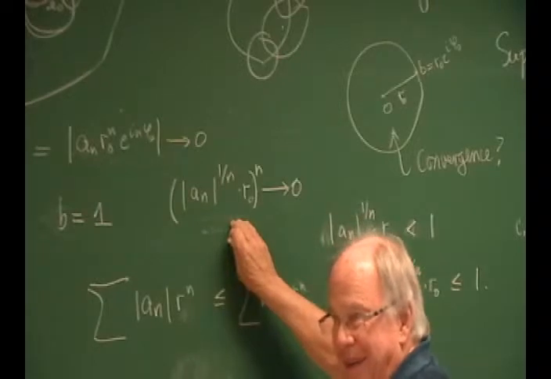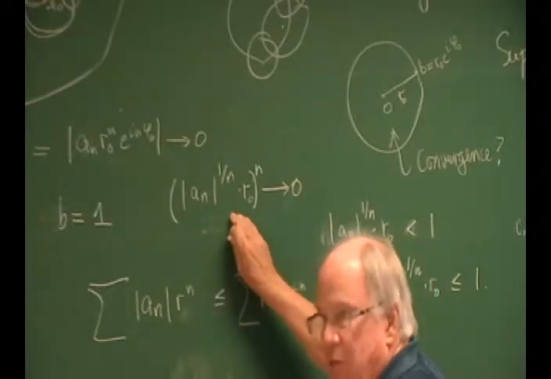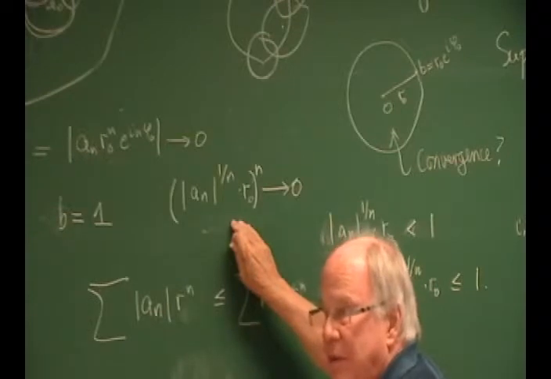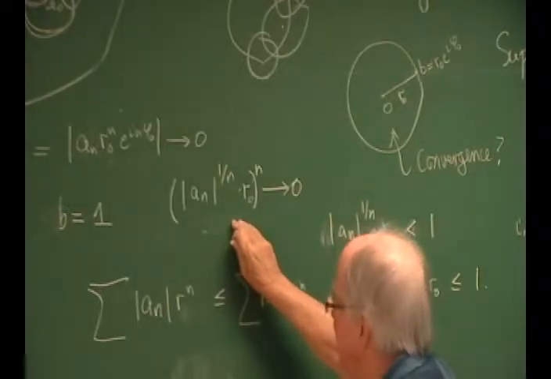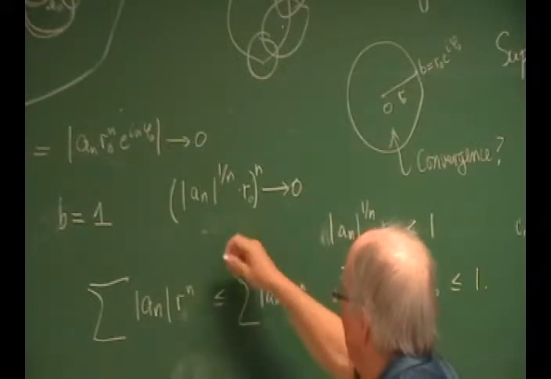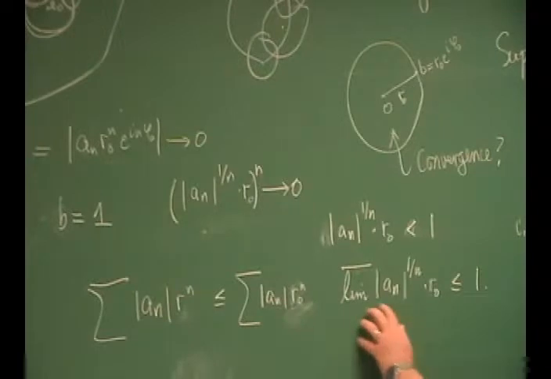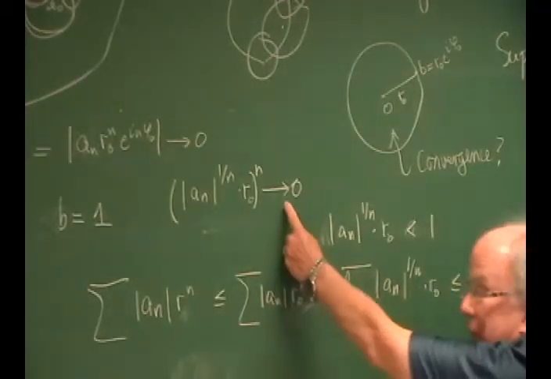This thing is less than 1, excuse me. It could converge to 1. So all we know is that the lim sup of this thing cannot be bigger than 1, because if it's bigger than 1, then this certainly doesn't go to 0.